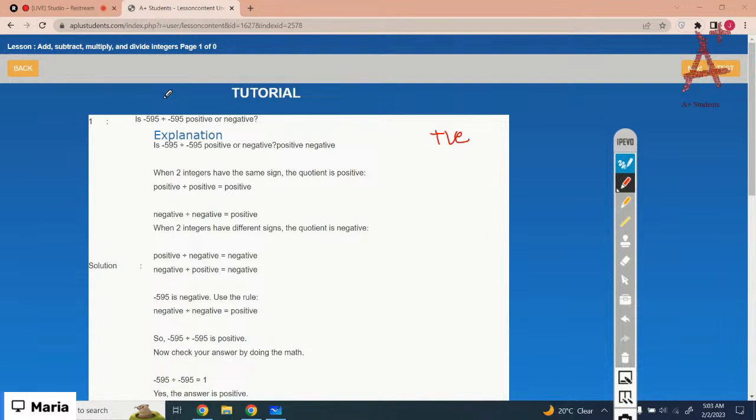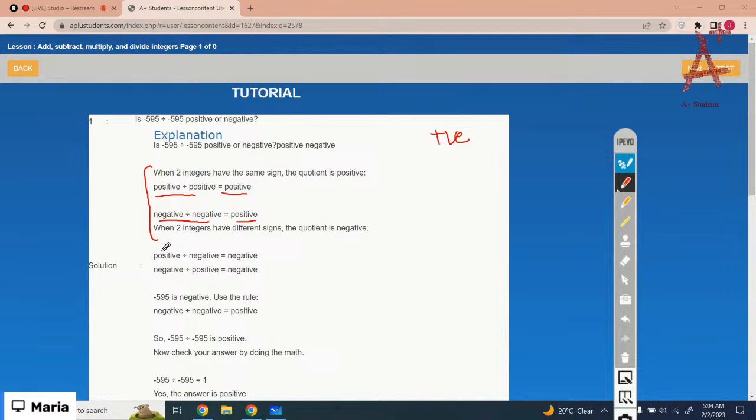So here we have some of the rules for dividing integers. You can note them down. When two integers have the same sign, the quotient is positive. Got it? If both the numbers are positive, the answer must be positive. If both the numbers are negative, the answer must be positive because both the numbers have the same sign. When two integers have different signs, the quotient is negative.